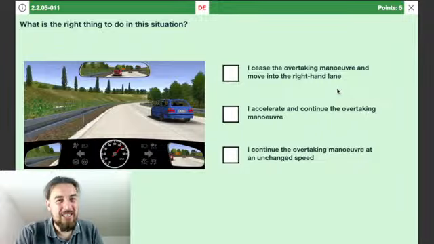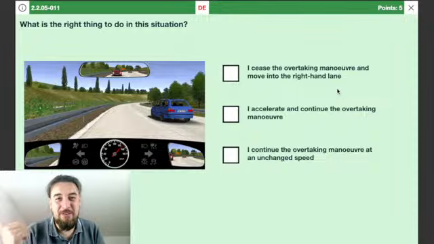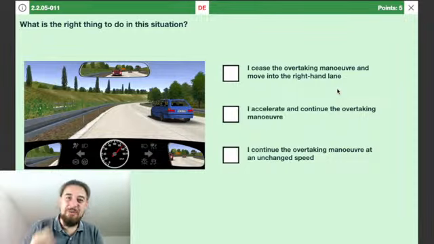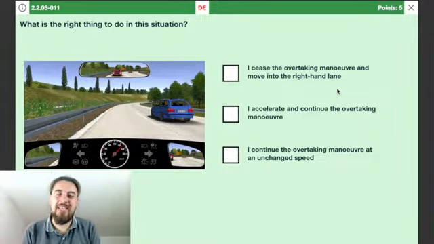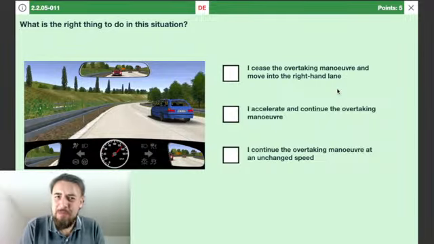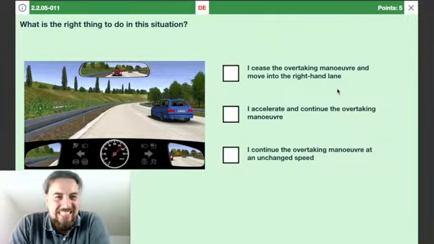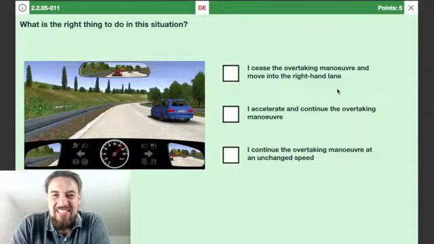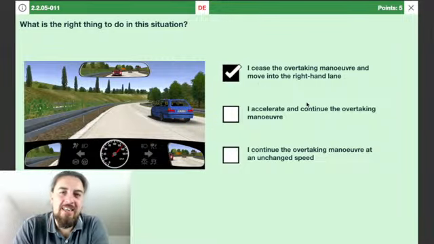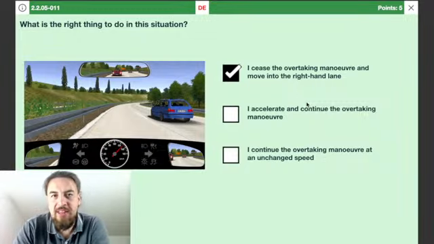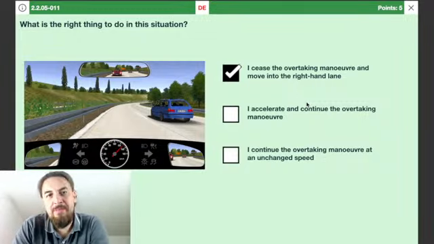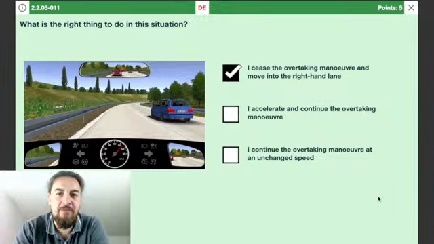This will happen to you soon, when you're already in your practical driving lessons, I'm sure. The correct answer is: I abort the overtaking maneuver and move into the right-hand lane. Exactly, because the blue car is accelerating, so there is no need anymore to stay in the left-hand lane, and you can return to the right and just go straight ahead at the same speed.